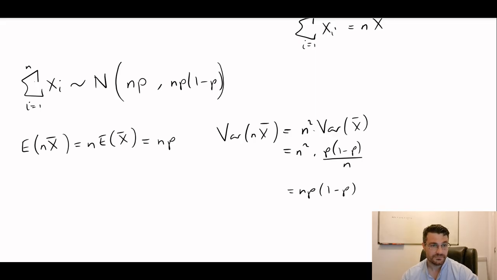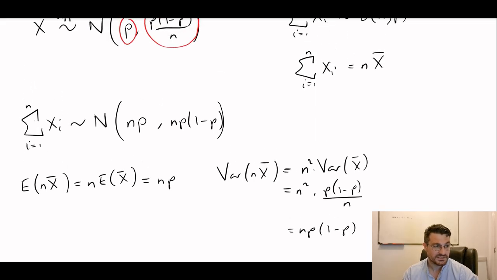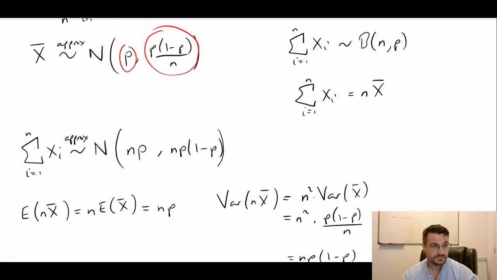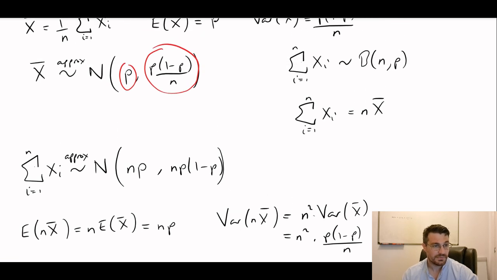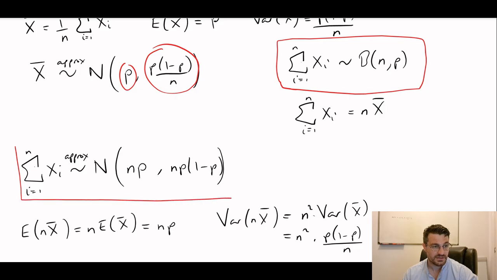So in other words, and this is approximate, by the way, maybe I should have made that clear, we know that the sum of xi is distributed binomially. But we also know that the sum of xi is approximately distributed normally, with the indicated parameters in each case.